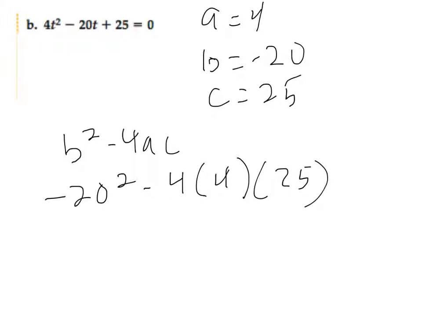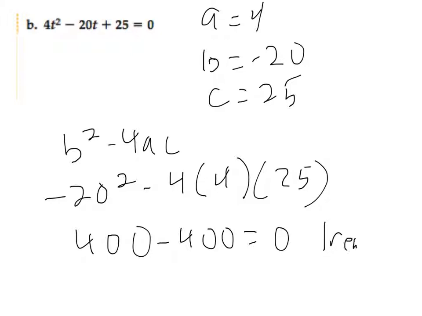Negative 20 squared is 400, and 4 times 4 times 25 is 400. So we have 400 minus 400, which is 0. If our discriminant is 0, that means we have exactly one real root.